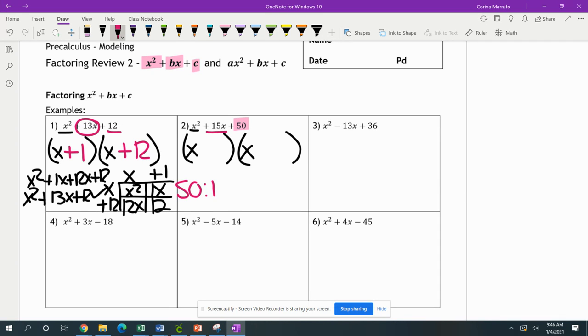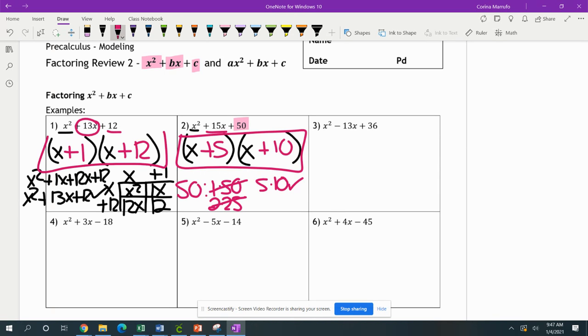So 1 and 50, of course, give you 50, but when you add them together, that does not give you 15. Okay, 2 times 25 gives you 50, but they do not add up to 15. Let's see, 5 times 10 gives you 50, and 5 plus 10 gives you 15. So then that means that your 2 factors are going to be x plus 5 and x plus 10.